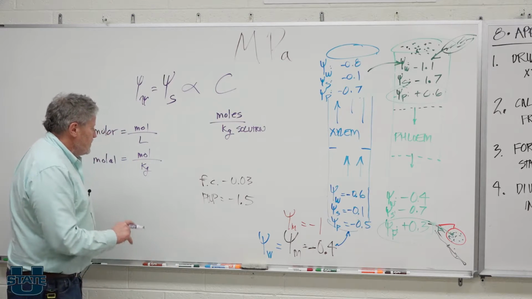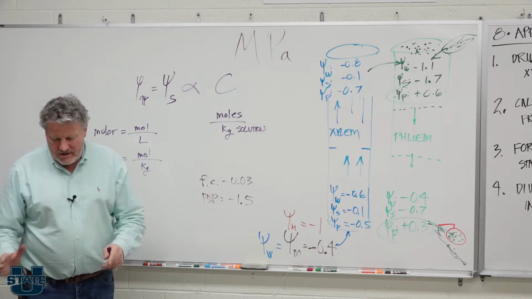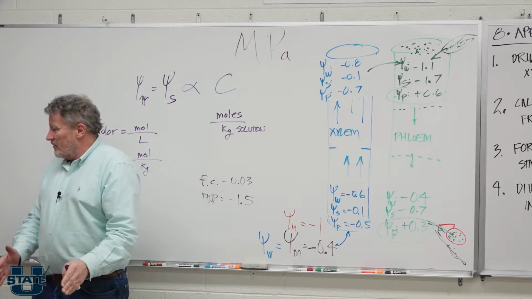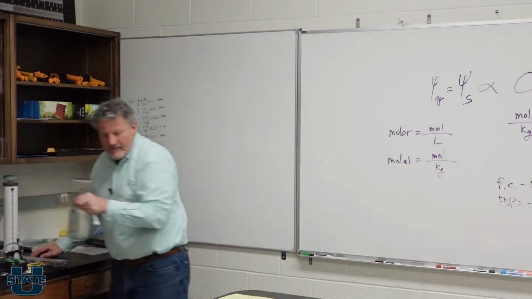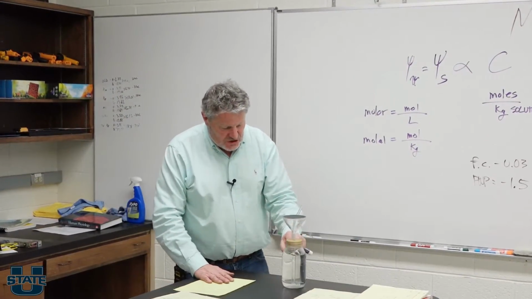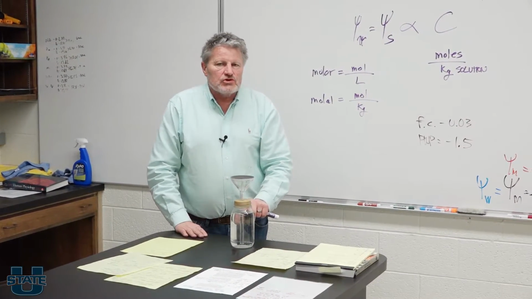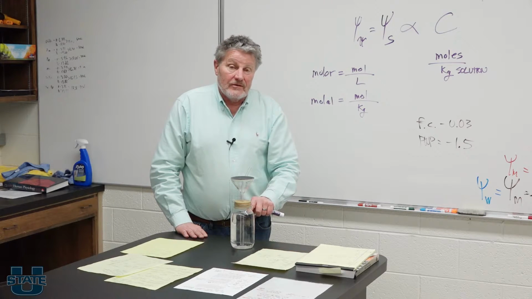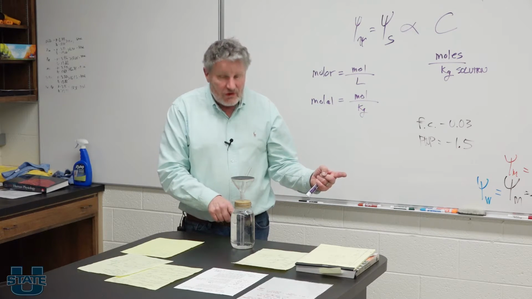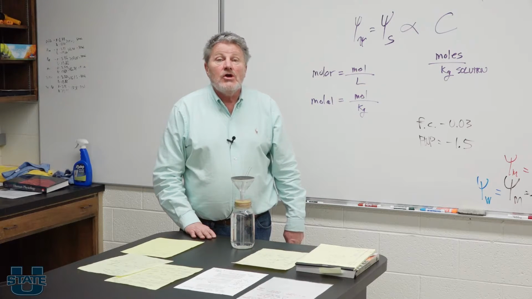I could have done a demo of this, but if we have a liter of water, here's a liter. You've got to use a little imagination. Take the top off. If I put a teaspoon of salt in there, what happens to the weight? It gets bigger. You have the weight of the salt and the weight of the water. What happens to the volume? Nothing.